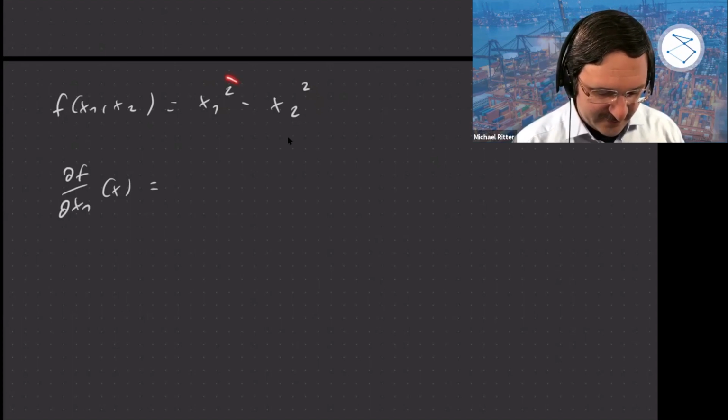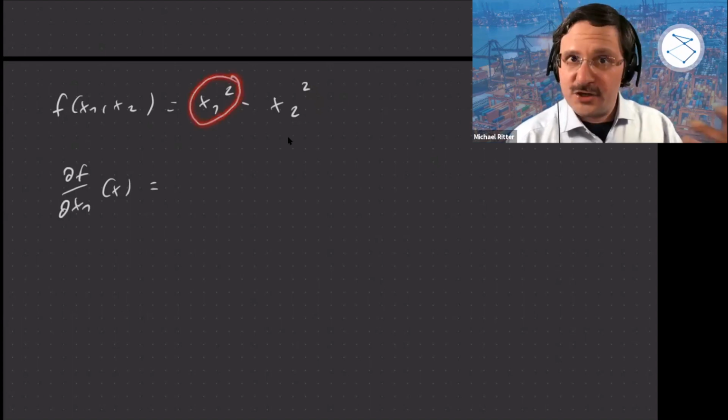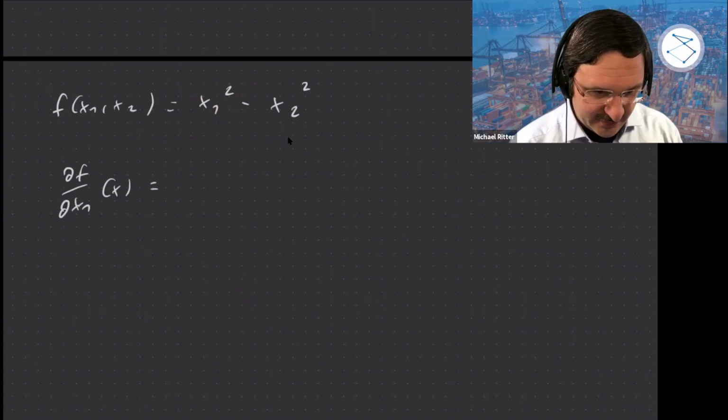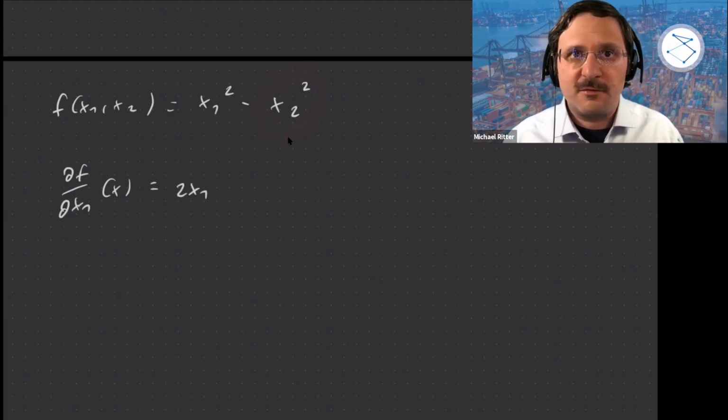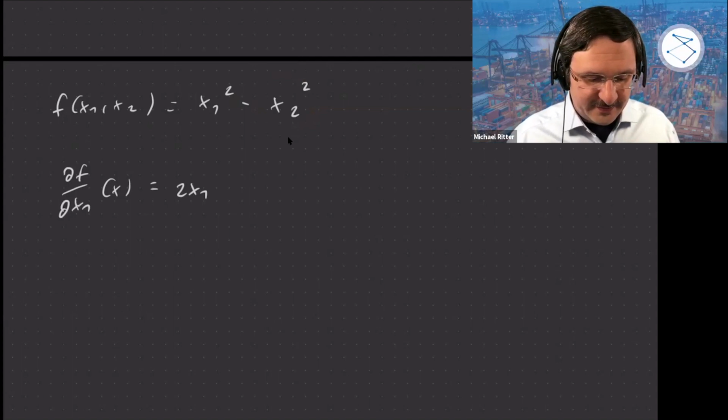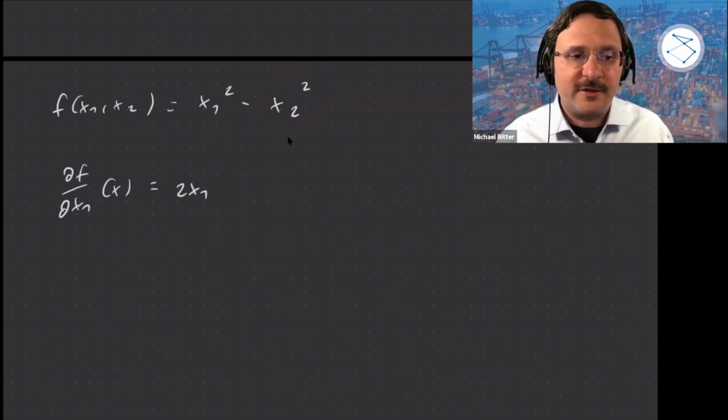We have this function x1 squared, and we differentiate that with respect to x1. So we get 2x1, and the x2 is treated as a constant. Differentiating a constant yields 0. So this first partial derivative is just 2x1.